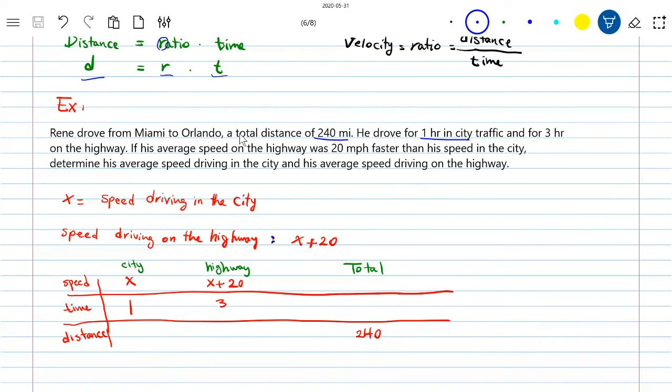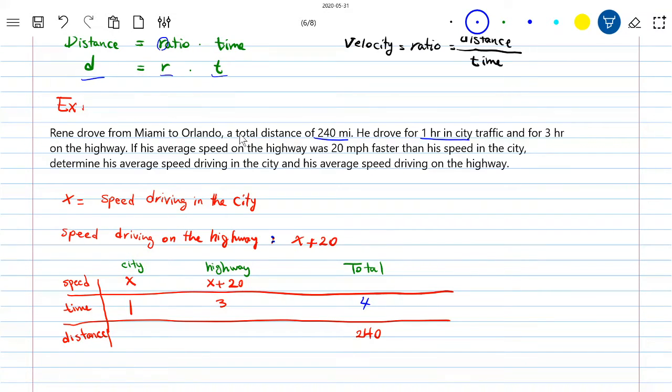There is given information. Speed in the city, we call it x. Speed on the highway, it's x plus 20. Total speed, we don't really know. We don't need it. Time spent in the city, 1 hour. Time spent on the highway, 3 hours. Total time, 4 hours if you want.